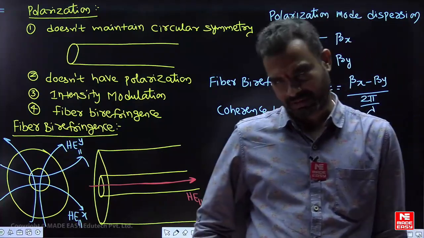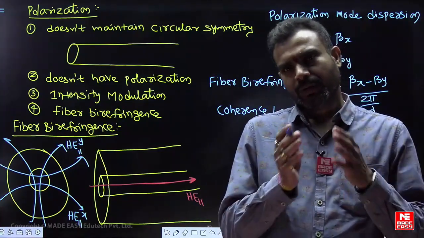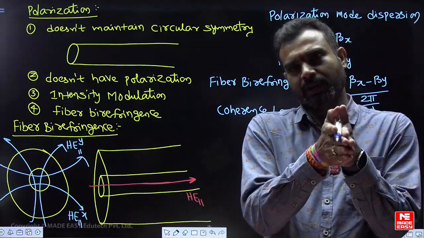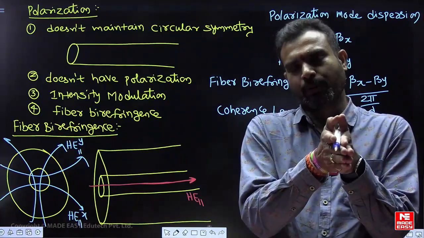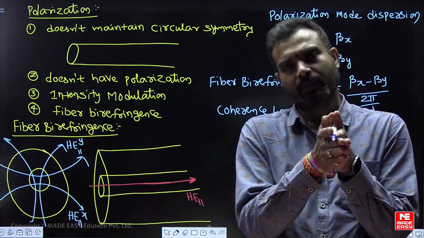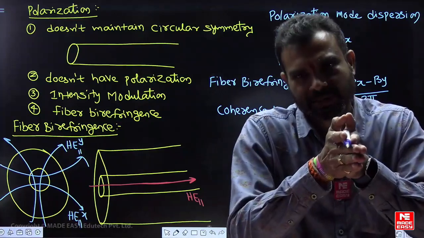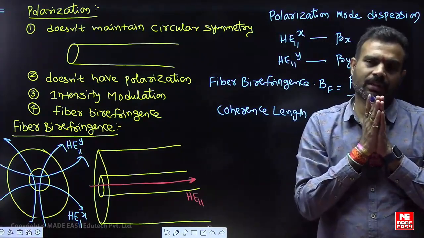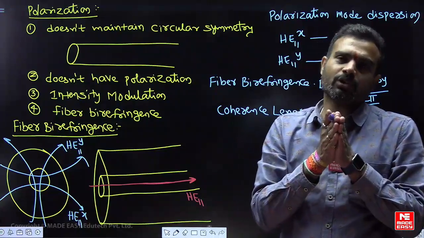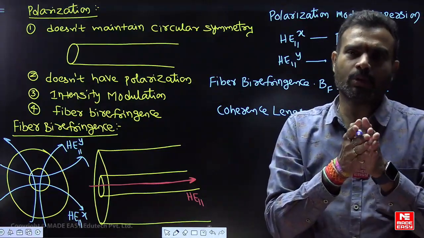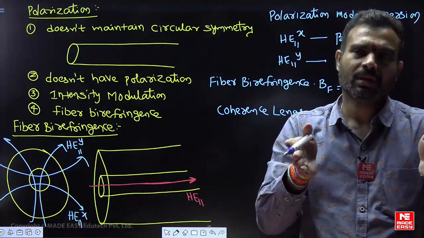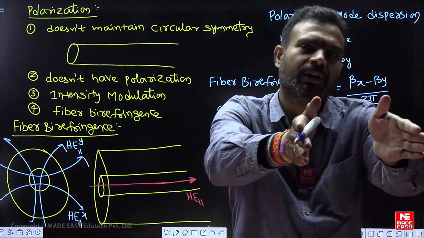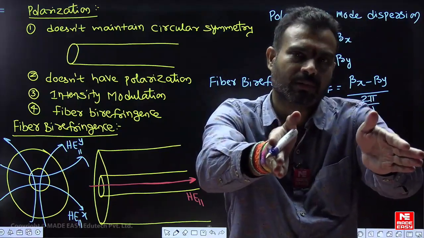What is the meaning of that? Whenever light is launched into a fiber, because of geometric imperfection or bending, the two modes will travel for some distance with the same uniform velocity. After some distance, because of geometric imperfection in the core, the two modes degenerate and travel with different velocities.